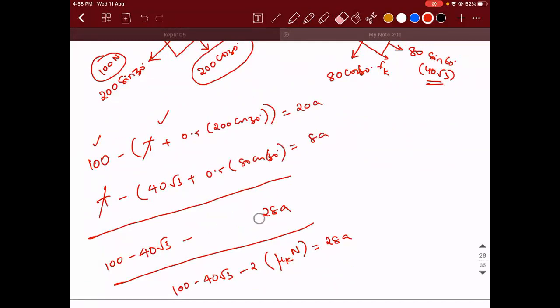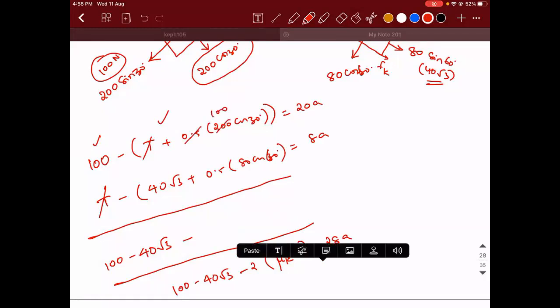Now, this will make more sense. Minus 0.5 into 200 is 100. 100 cos 30 minus 40 cos 60 is equal to 28A.